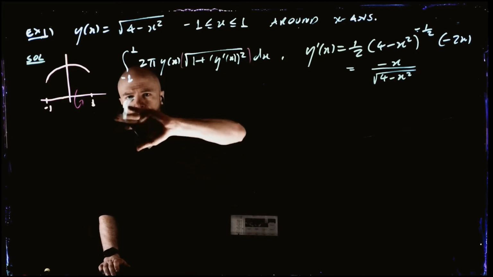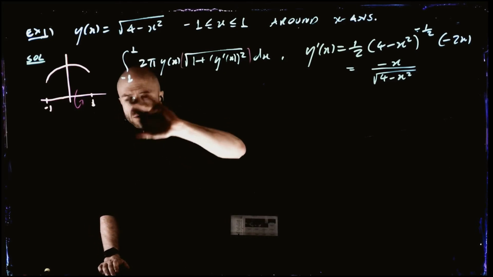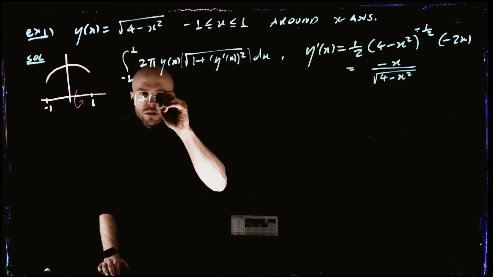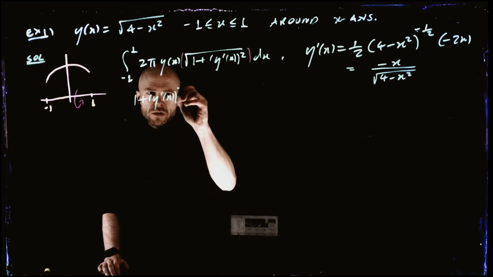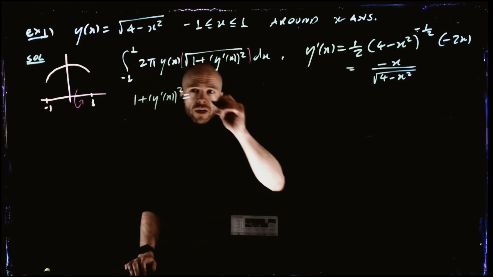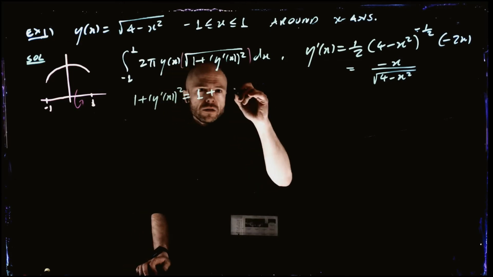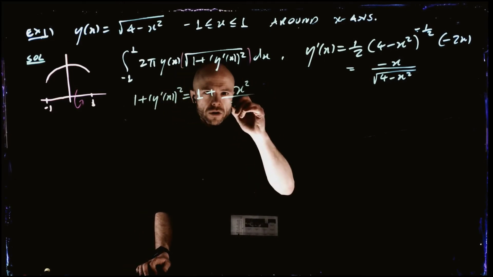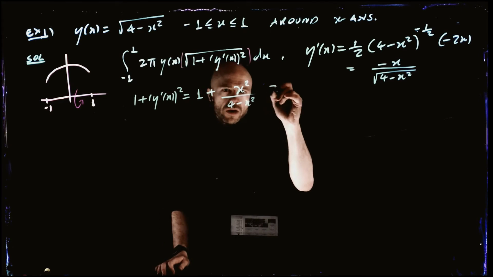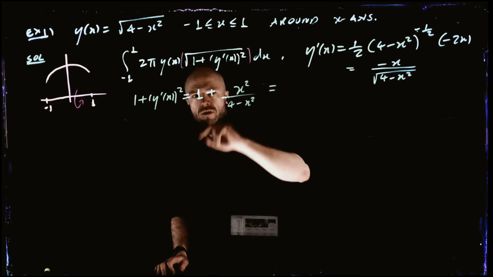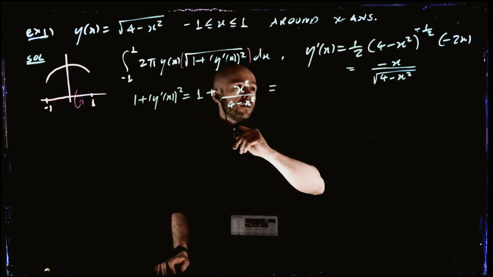Let's just write 1 plus, first of all, 1 plus y prime of x squared. What do we have? We have 1 plus x squared over 4 minus x squared. Let's write the 1 as 4 minus x squared over 4 minus x squared.